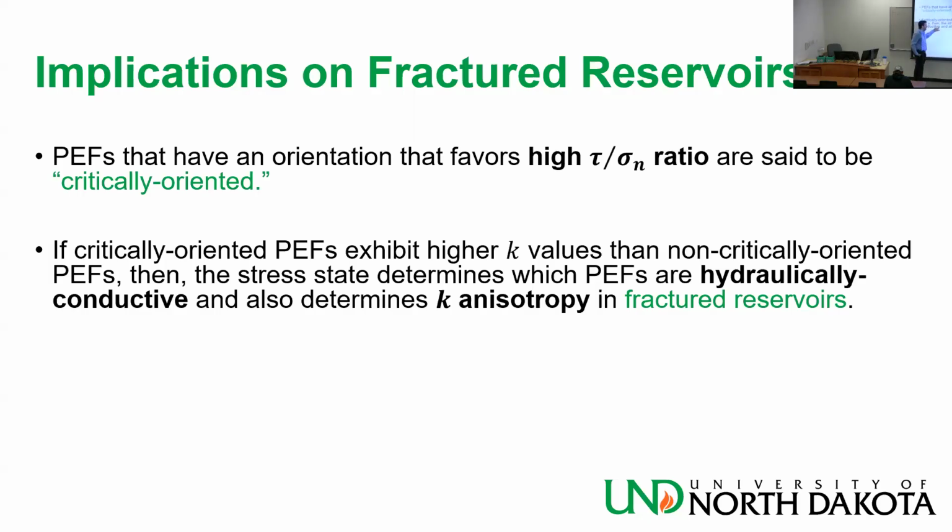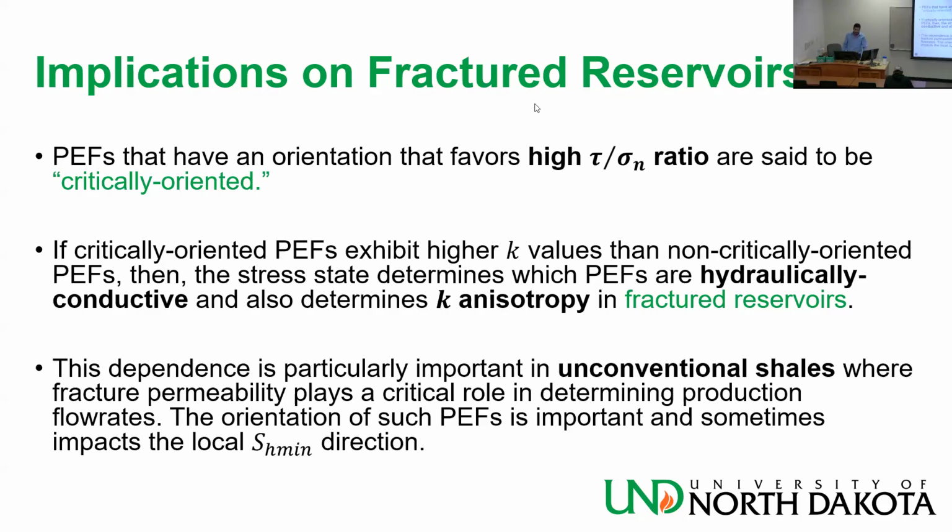That means they can pass fluid through them. It also determines the permeability anisotropy in fractured reservoirs. This dependence is particularly important in unconventional shales, where fracture permeability plays a critical role in determining production flow rates.